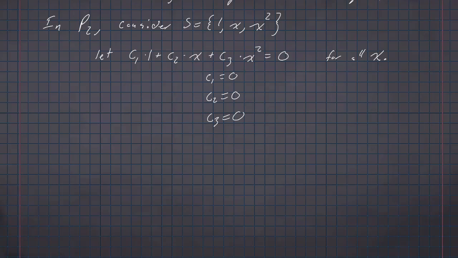On the left-hand side, the coefficients of this polynomial are c1, c2, and c3. On the right-hand side, the coefficients of this polynomial are 0, 0, and 0. So that's it. We know from working with polynomials in the past, the only way this is going to work is for these things to be 0.